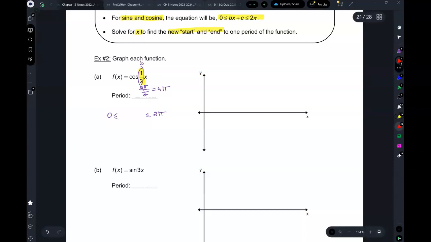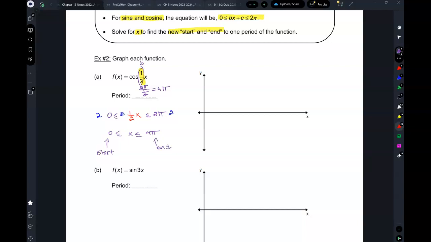Right now, all I have is a half x. Cool? Now, gotta solve for x, multiply by 2 everywhere. So I have 0, x, 4 pi. This tells you the start and the end of the new function.